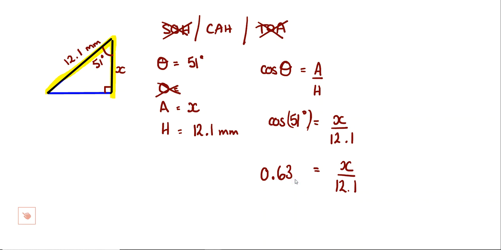Now, remember I said yesterday it'd be quite good if we don't round it, but I just wanted to have it written in this way. So how now do I find x? You times 0.63 by 12.1. So we multiply both sides by 12.1. That gets rid of the division. So I'm left with x equals that. So you can tell me what that is.